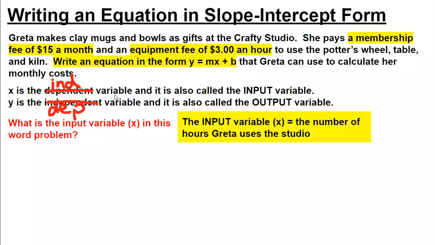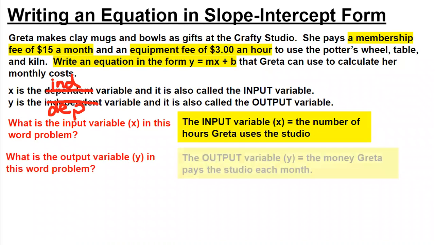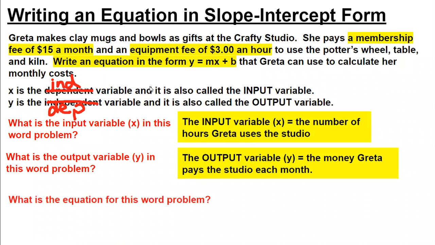the input variable x is the number of hours Greta uses the studio. And the output variable y is the cost, right? The amount Greta's going to pay for a month of using the studio. Okay. What is the equation for this word problem? y equals 3x, $3 per hour, x is hours, plus $15 flat fee per month.